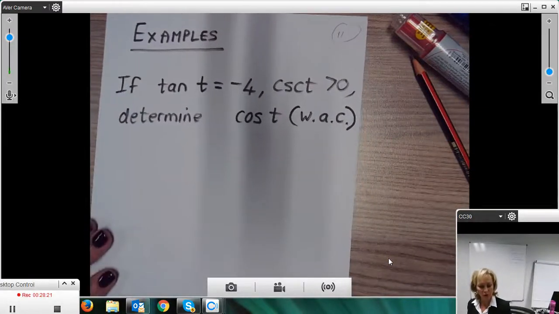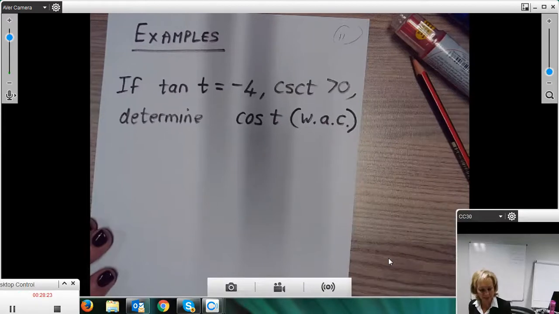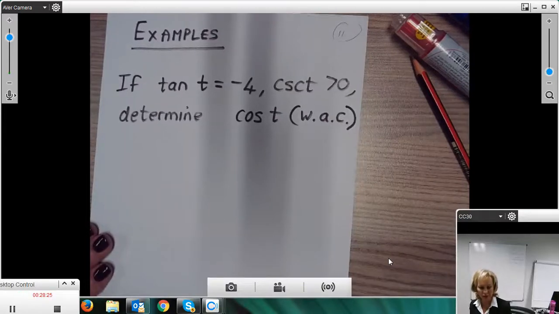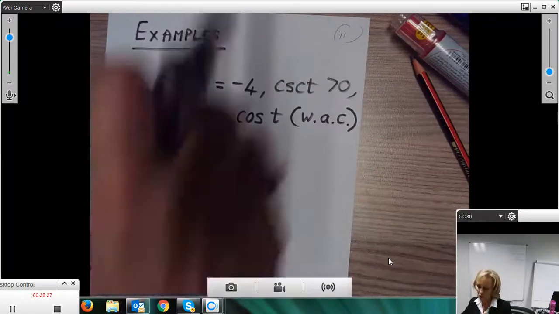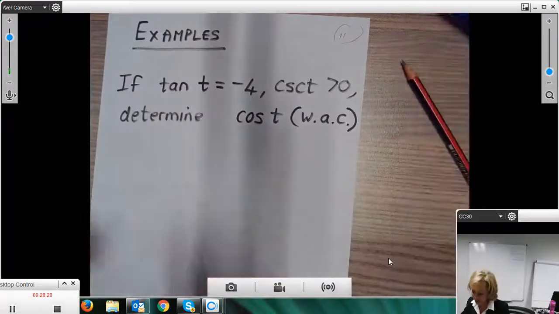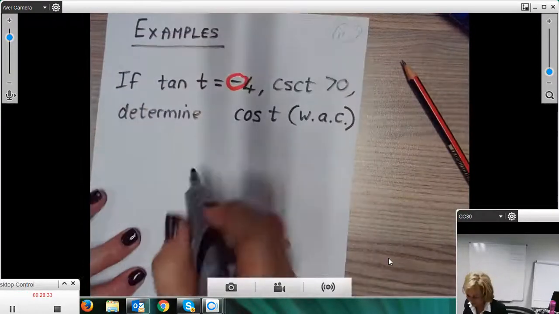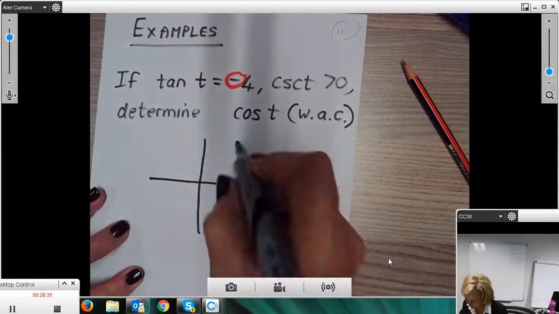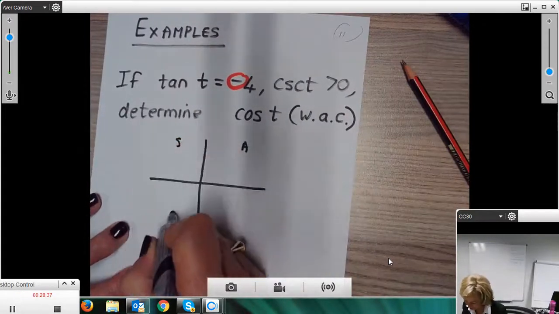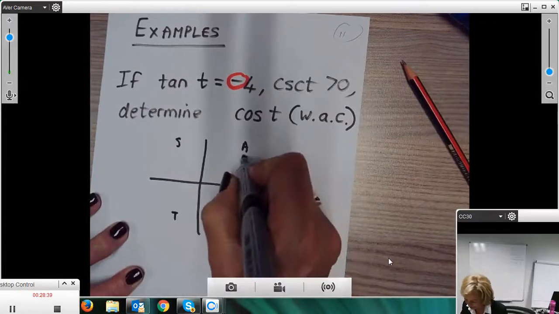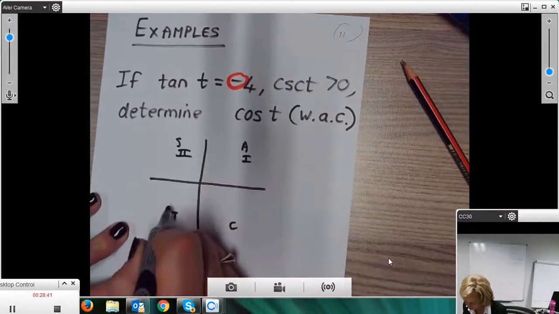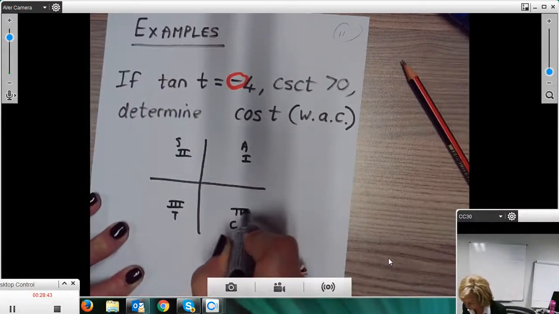Alright, so where do I start? Well, first of all, remember I said quadrants is very important. So what we notice is that tan is negative. Let's go back and look at my CAST diagram, and it said all students take care, and it was first quadrant, second quadrant, third quadrant, and fourth quadrant.